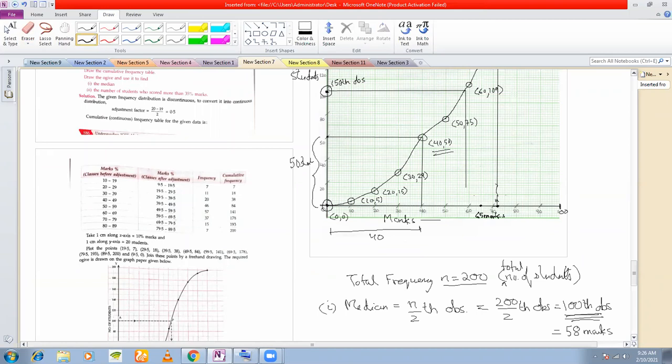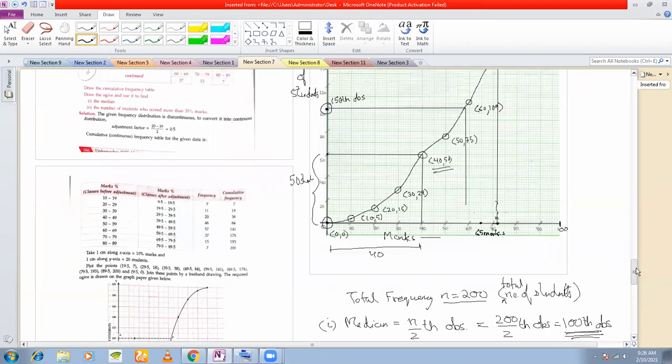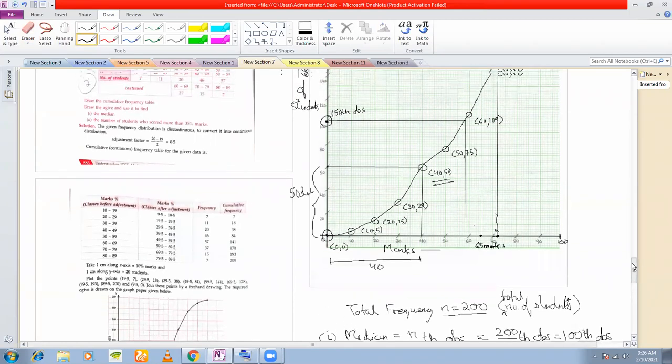This is your 65 marks. Now, since we are required to find out the number of students who got above 65 marks, from this 65 as our initial reference point, we are going to draw a line from here such that it intersects the curve here.